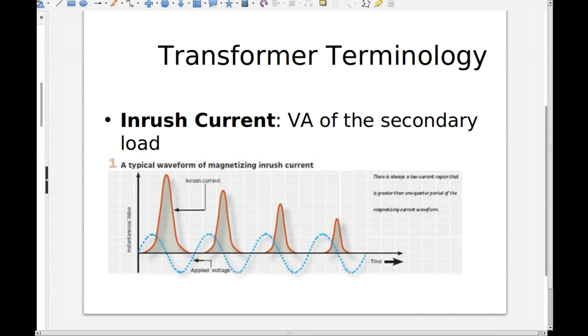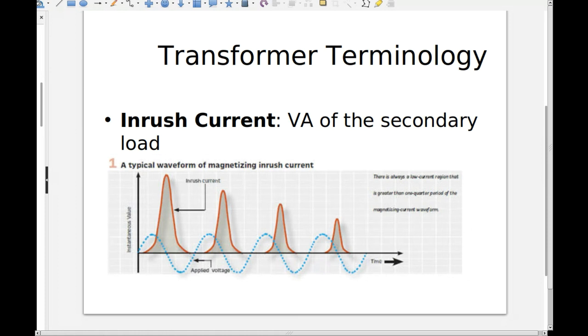All right, something else we have to be concerned of is when you first hook up the electricity to the transformer, you get this inrush current. You get these high spikes of current due to the magnetizing of it.